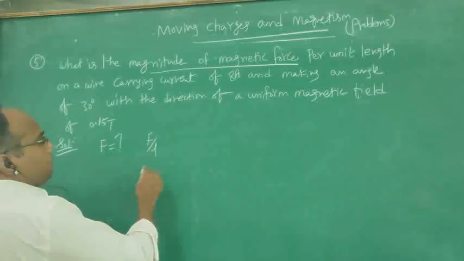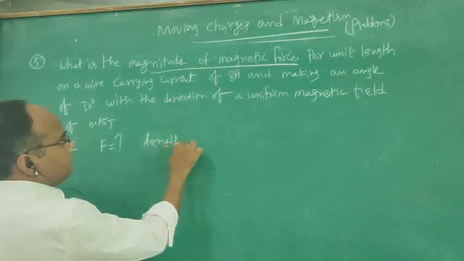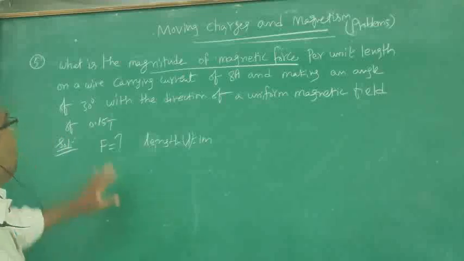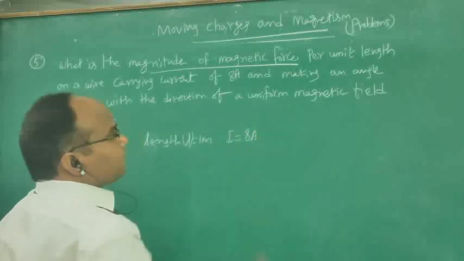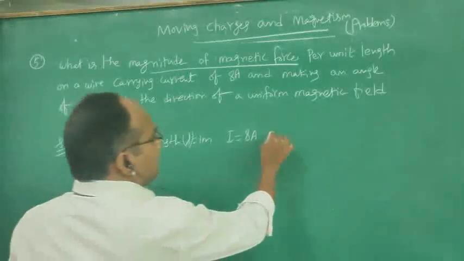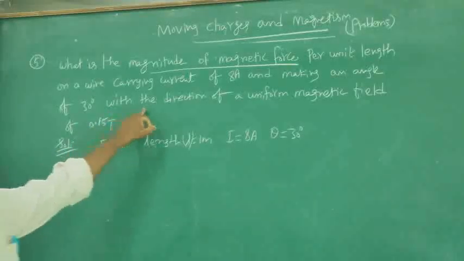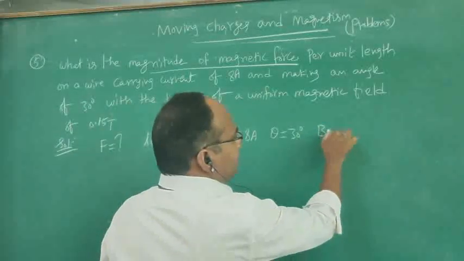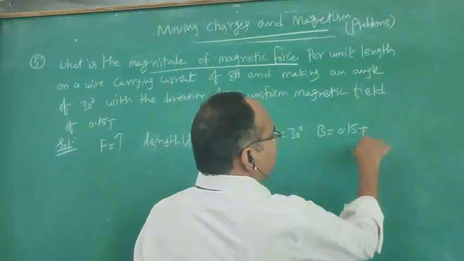So per unit length means length L is equal to 1 meter, on a wire carrying a current I is equal to 8 ampere and making an angle of 30 degree, theta is equal to 30 degree, with the direction of uniform magnetic field of 0.15 Tesla. Tesla means what? Unit of magnetic field is Tesla. So 0.15 Tesla.